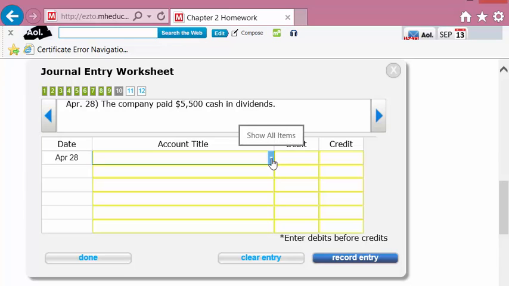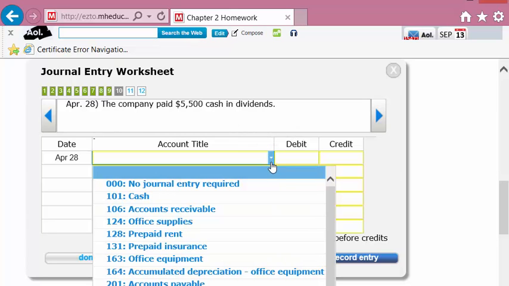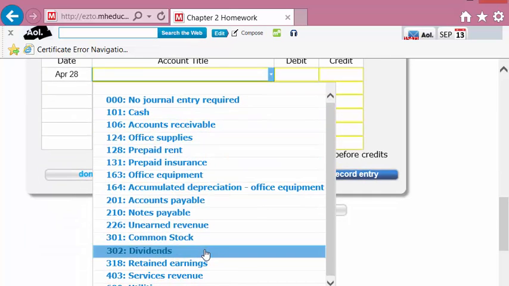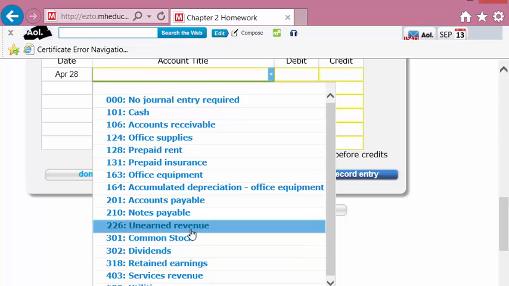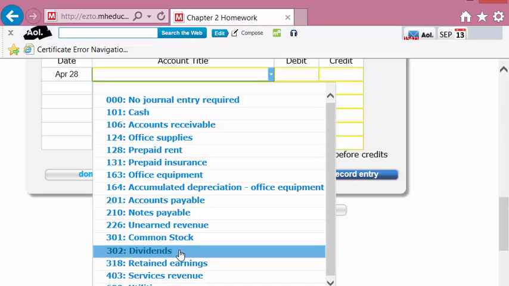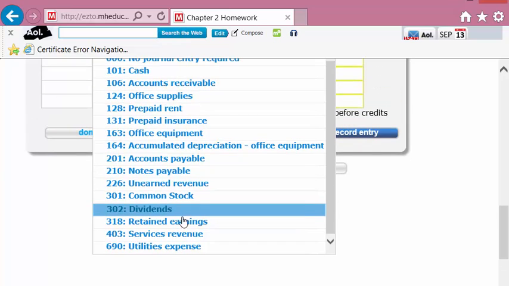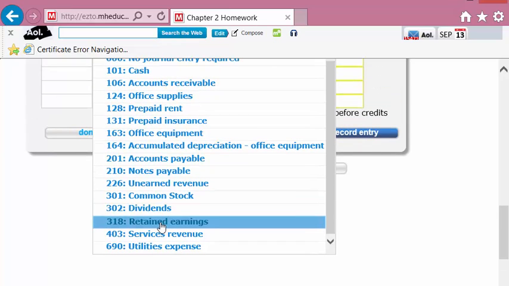So what did it say? We paid $5,500 in cash dividends. I guess we better pay dividends since we're racking up all this revenue, not incurring any expenses. We might as well start paying out some dividends, right? Well, it's a dividend, right?